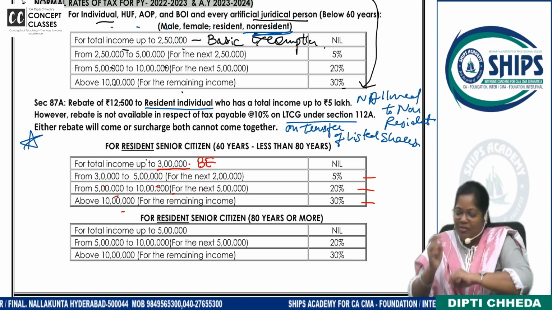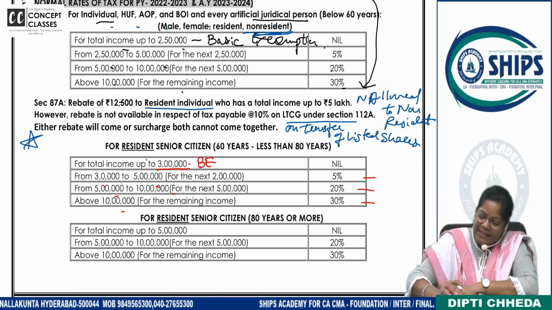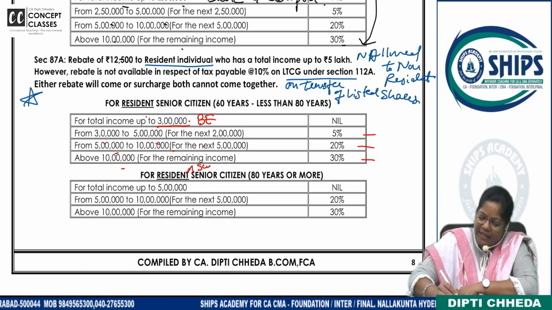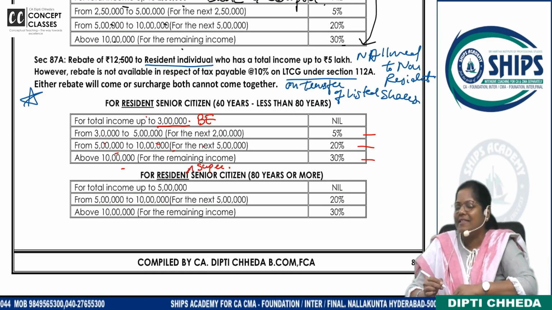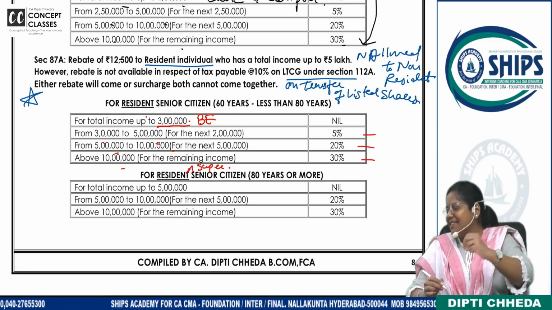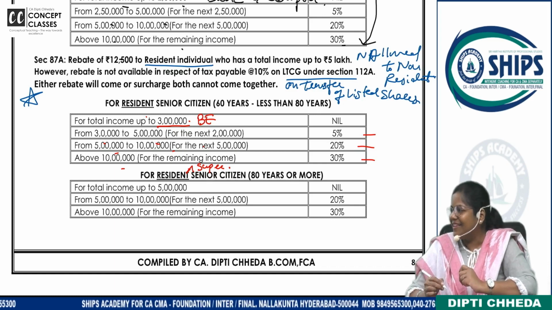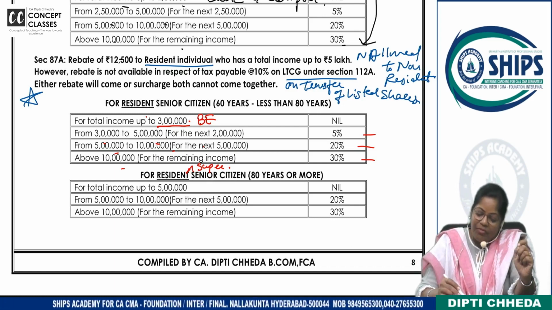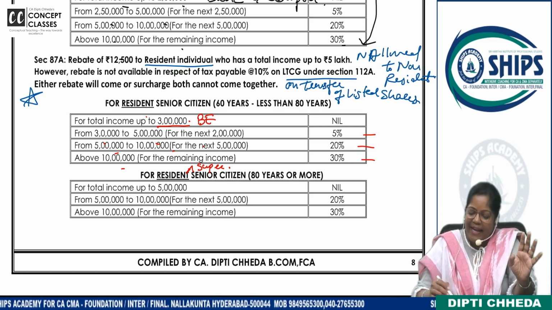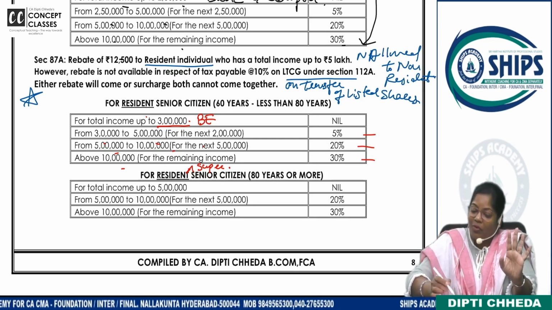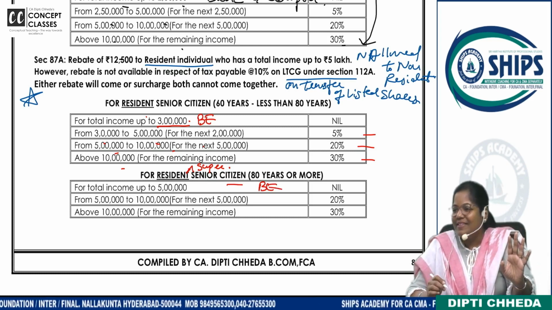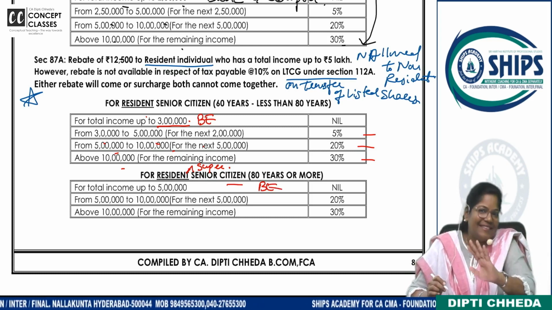But clear? One more. For resident super senior citizen, they are actually called super senior citizens, 80 years and above, and are paying tax. Isn't it very delightful? So what is the total income? 5 lakh. Up to 5 lakh, what is the tax?